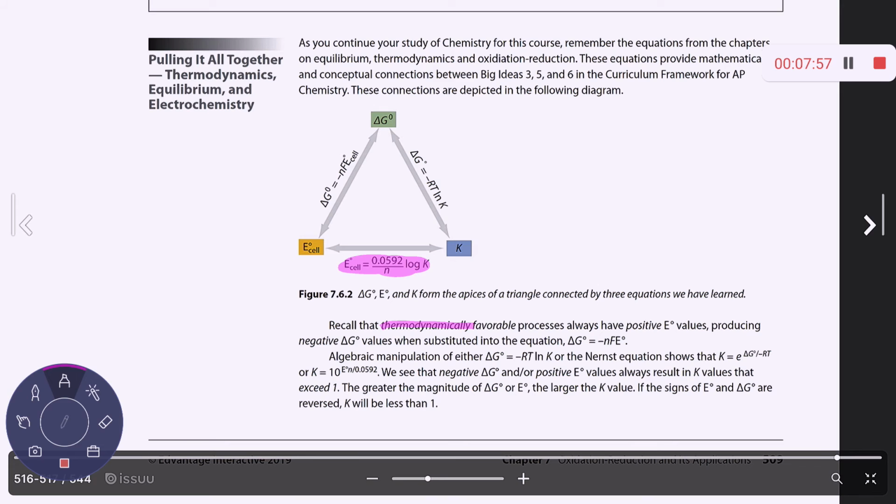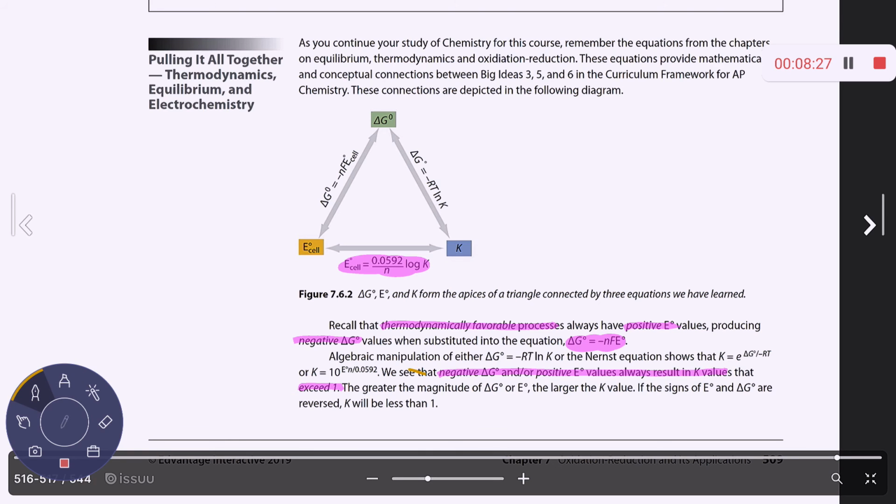Thermodynamically favorable processes have a positive E, a negative G, and then when you substitute it into the equation, negative G's and/or positive E values always result in K's that exceed 1.